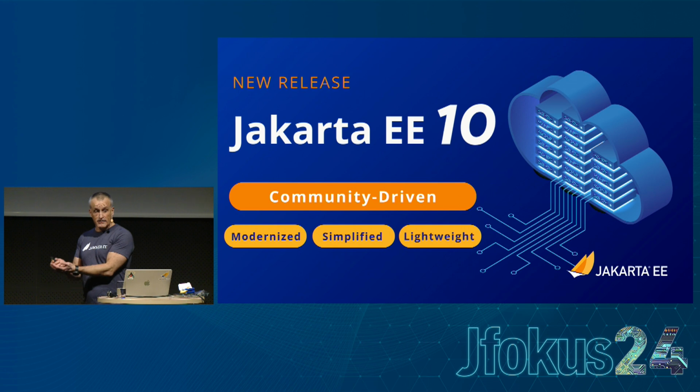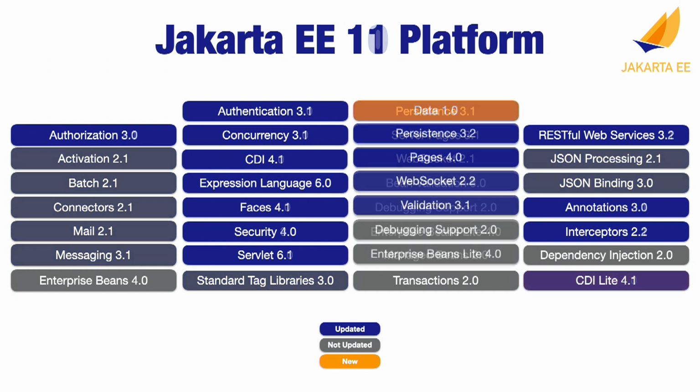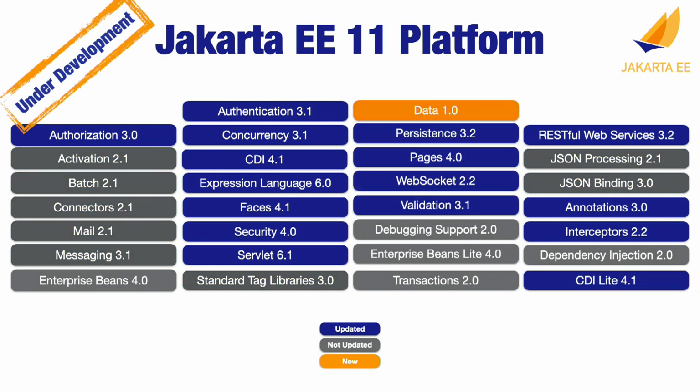Then we had Jakarta EE 10 that added a lot of updates to the specification, but the big thing was the Core Profile. And as we've seen now, Jakarta EE 11 comes with a lot of updates. It's a lot of cleanup still, but some of the specifications are adding new things like support for records in validation, like virtual threads in concurrency, like the new Data specification.